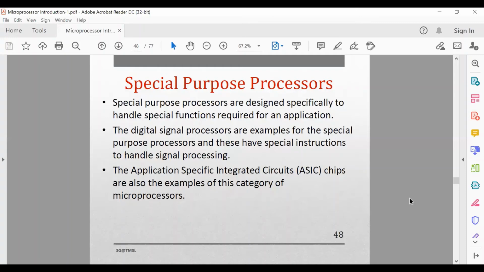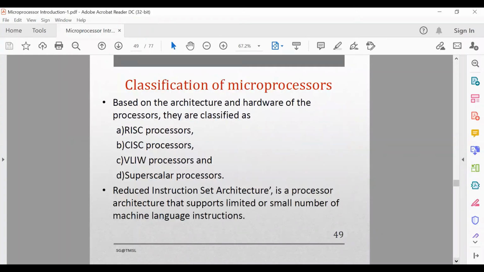Now, based on the architecture, they are classified as RISC processors, CISC processors, VLIW processors, and superscalar processors. What is a RISC processor? A RISC processor is a processor where a limited or small number of machine language instructions are used.